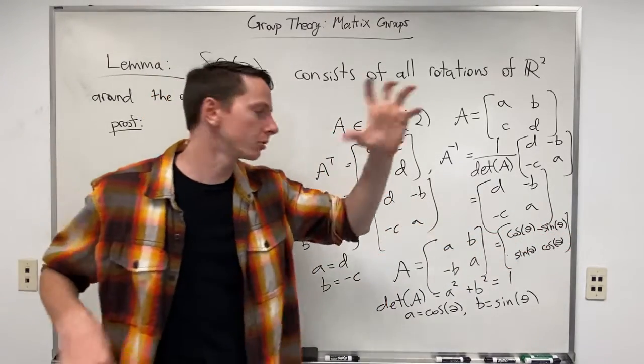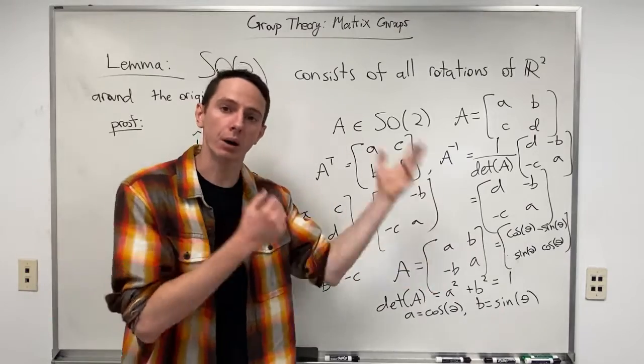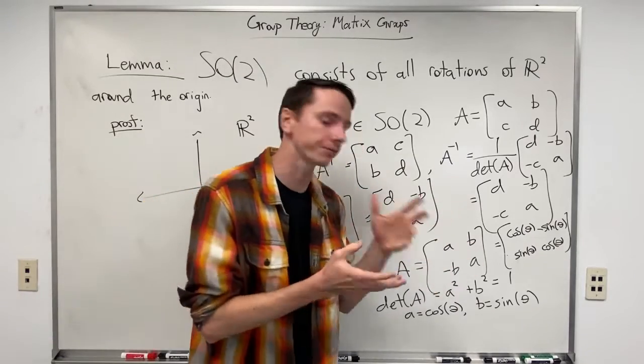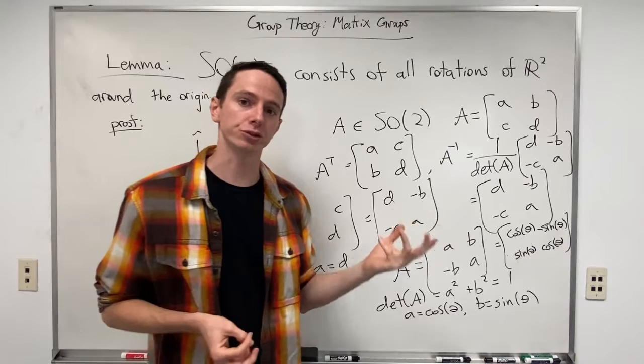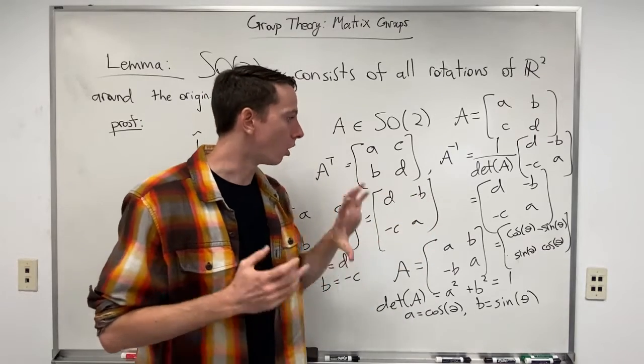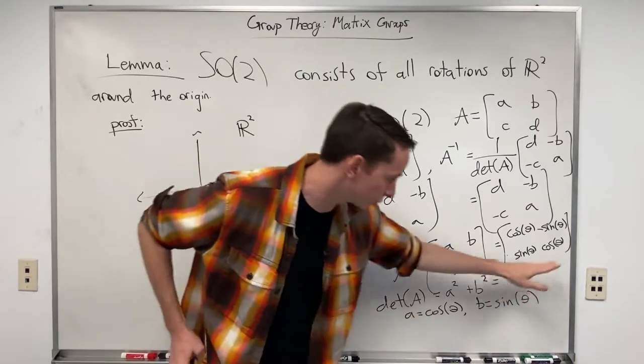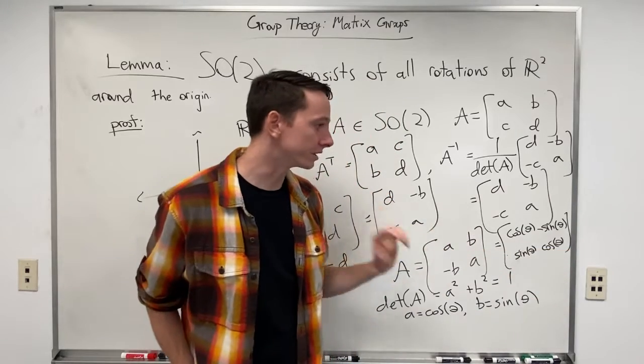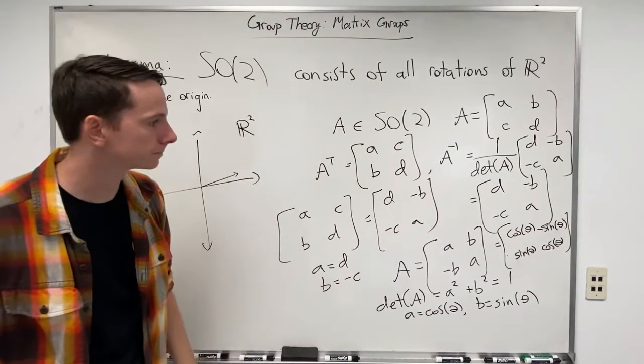It will represent some rotation about two-dimensional space. Because after all, if we're familiar with how rotation matrices look, all rotation matrices, at least in 2 dimensions, will have this structure. They can be defined in terms of sines and cosines.